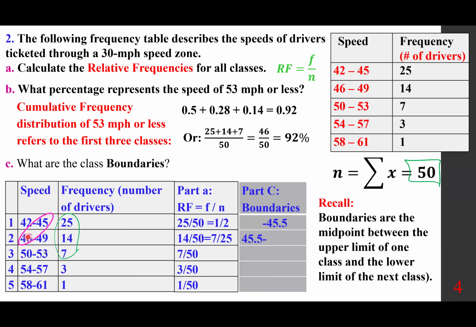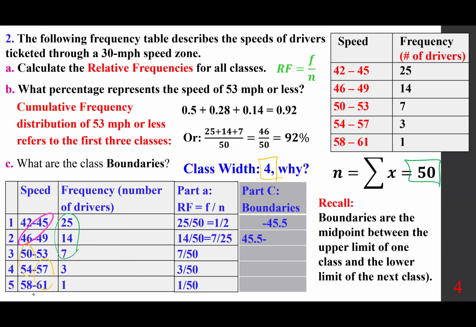Now, we can calculate for the rest of them, but the faster and easier way is to find the width. As you can see, the width is 4. Why is that? 45 minus 42 plus 1, or just pick any two: 61 minus 57, 54 minus 50. That's how you get the width of 4.